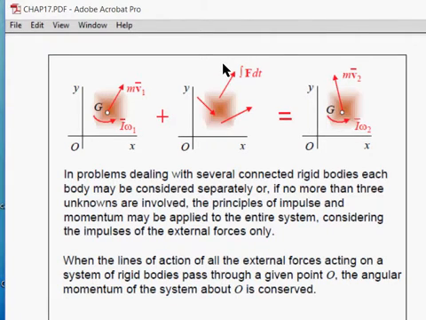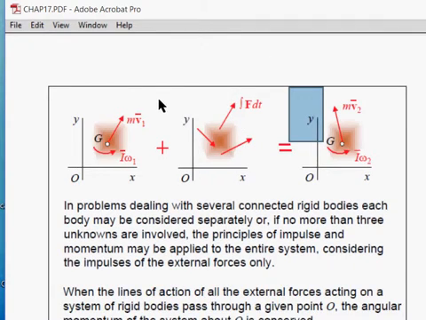So here we have the idea of the summation of the forces about the center of mass before and after the collision.